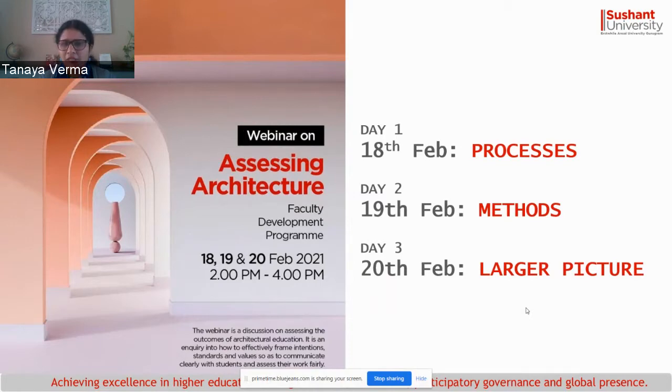Prominent schools of architecture across India shared their views and processes, which have been an integral part of their pedagogy and the process. We had representation from CEPT Ahmedabad, School of Planning and Architecture, New Delhi, Sir J.J. School of Architecture, Mumbai, and our own Sushant School of Art and Architecture, Gurgaon.